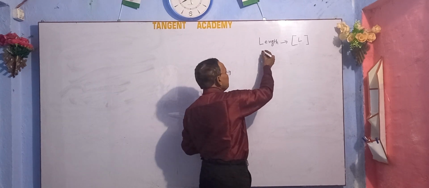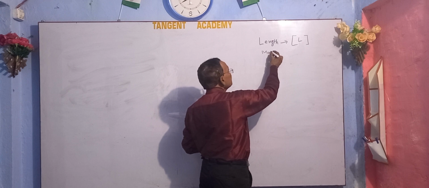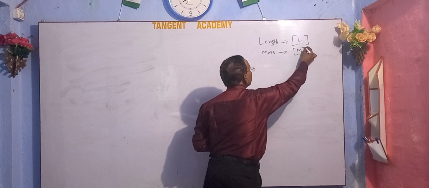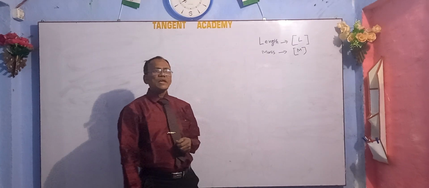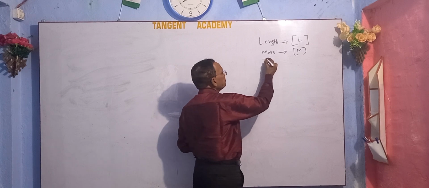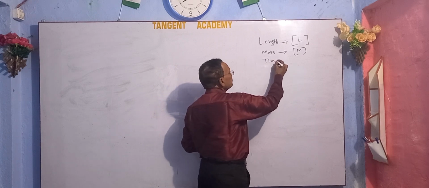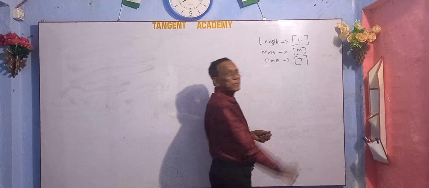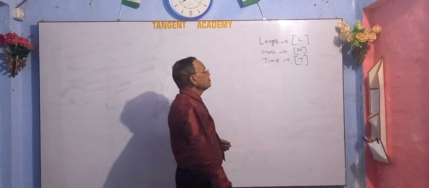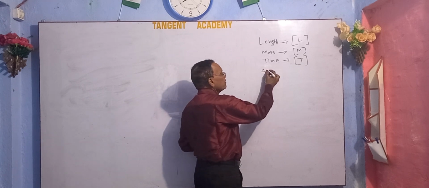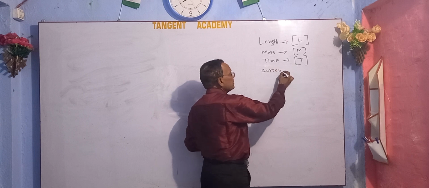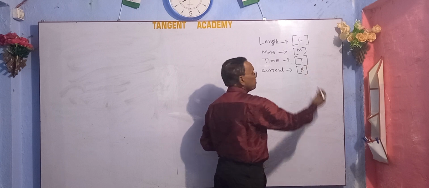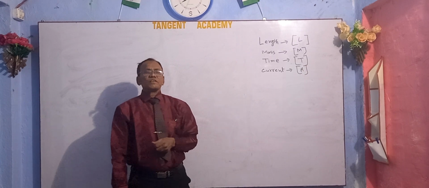Mass is denoted by M. And time is denoted by capital T under a bracket. Electric current is denoted by ampere, capital A, which is symbolized as capital A.